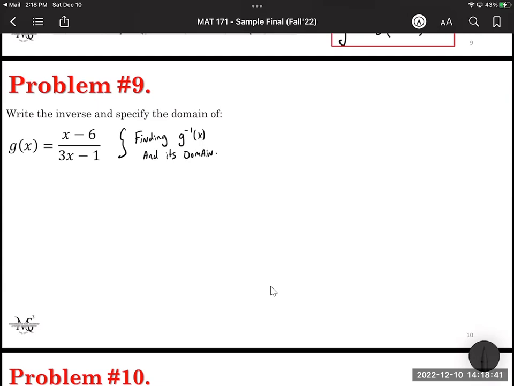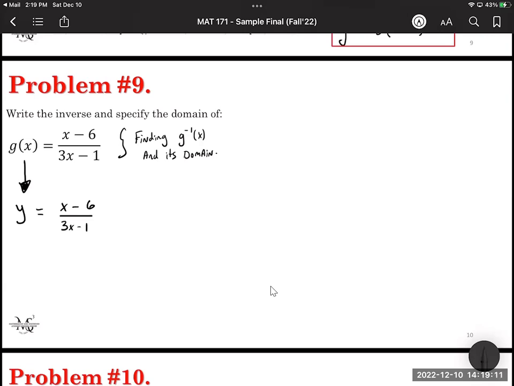If I want to find my inverse here, there are a couple of things I do which give you easy points. First off, you replace the function notation g of x with what letter? With y. That's right. So this gives you y equals x minus 6 over 3x minus 1.